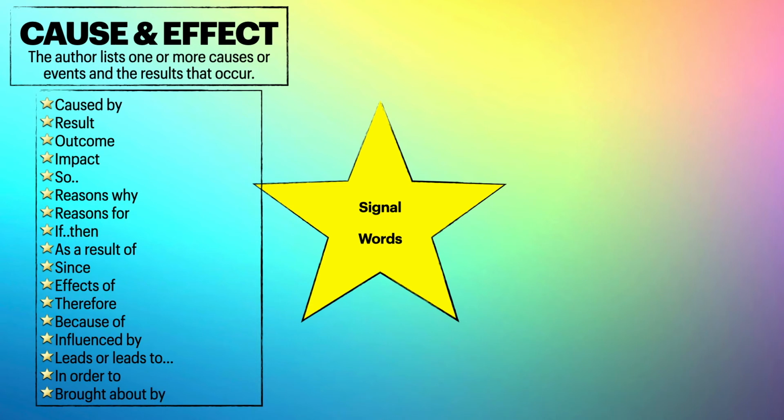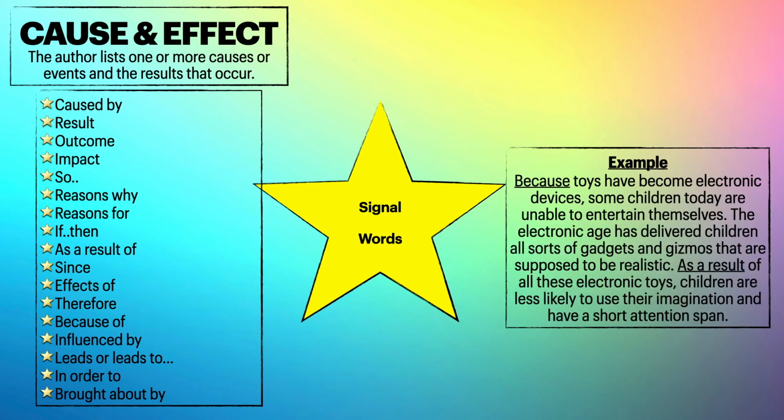So here's another example of some of these signal words being used in this passage, and an example of cause and effect in this passage. Because toys have become electronic devices, some children today are unable to entertain themselves. The electronic age has delivered children all sorts of gadgets and gizmos that are supposed to be realistic.